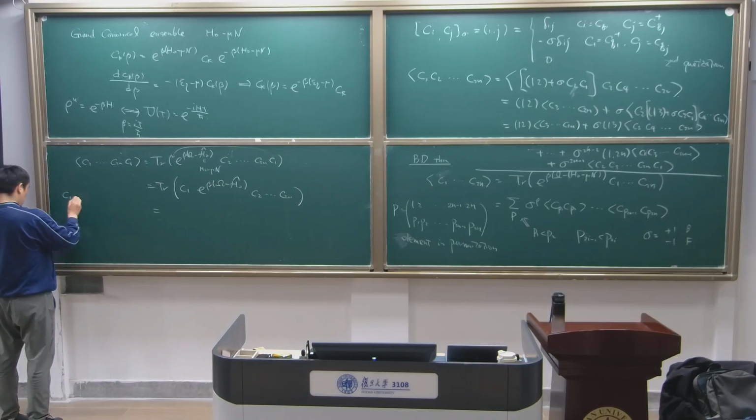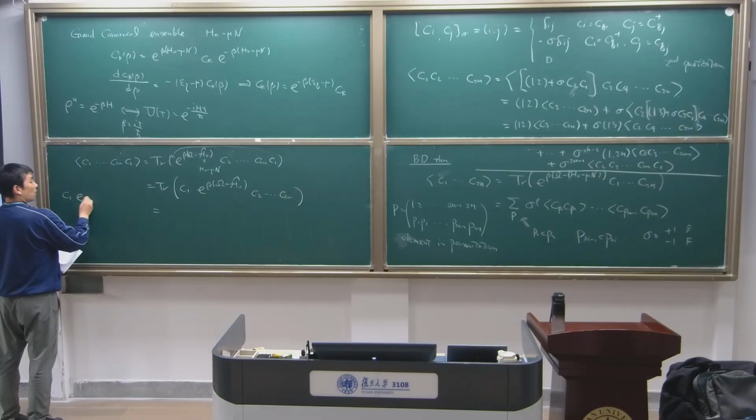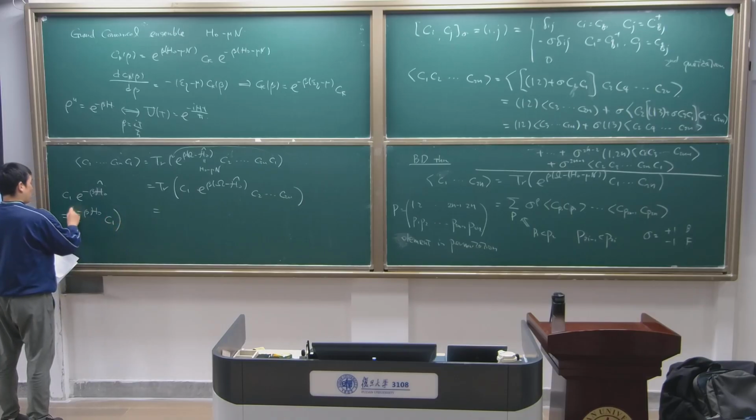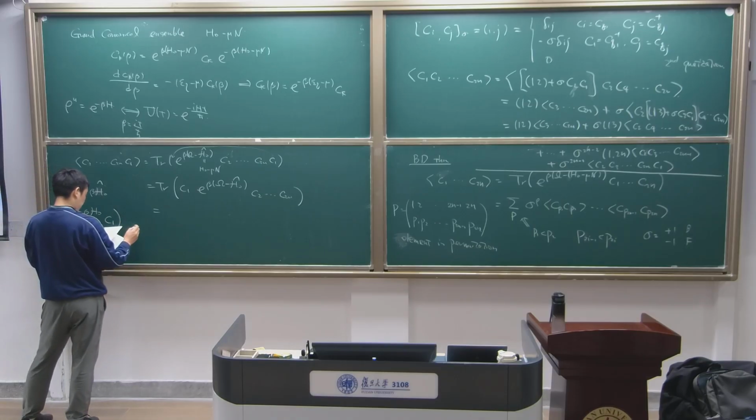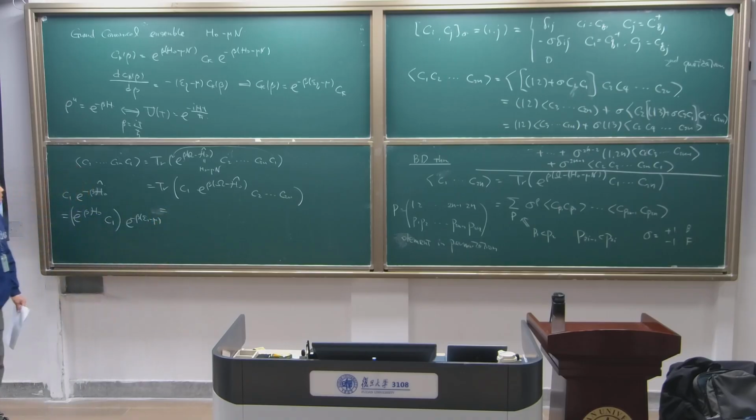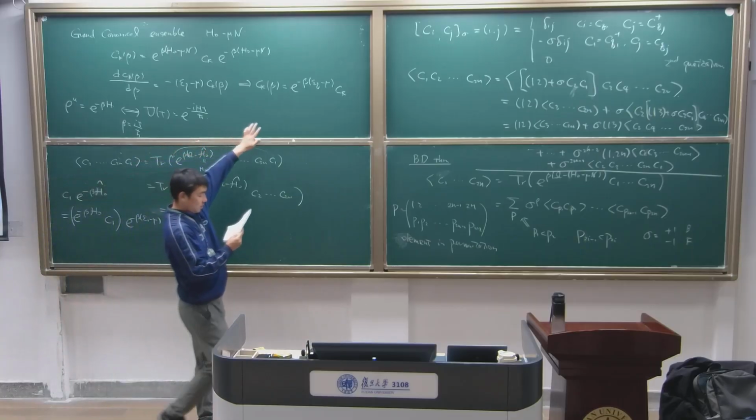So it is C1 and then e to the minus beta h naught equal to e to the minus beta h naught C1 times the e to the minus beta, from 1. So that's what you get from here.